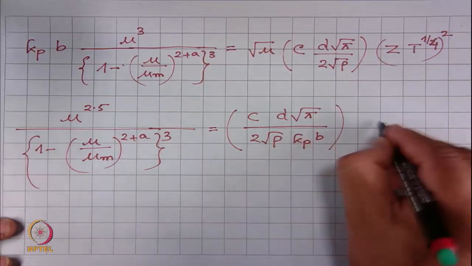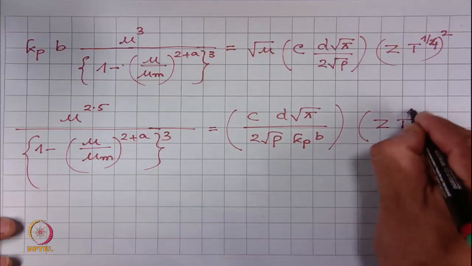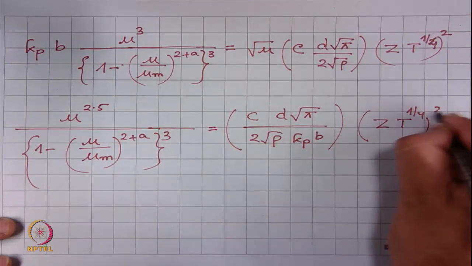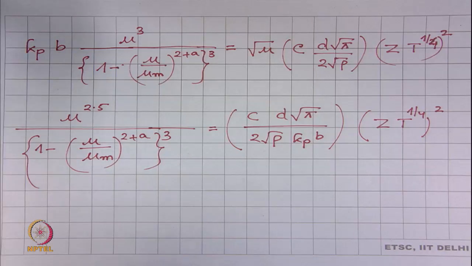This is 1 z t to the power 1 by 4 squared.